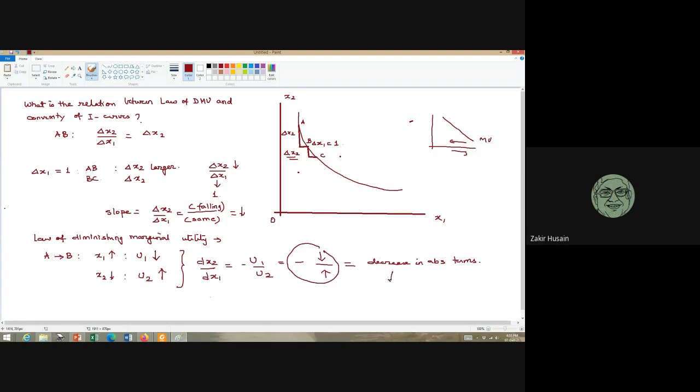Because this decrease implies that the indifference curves are convex to the origin.